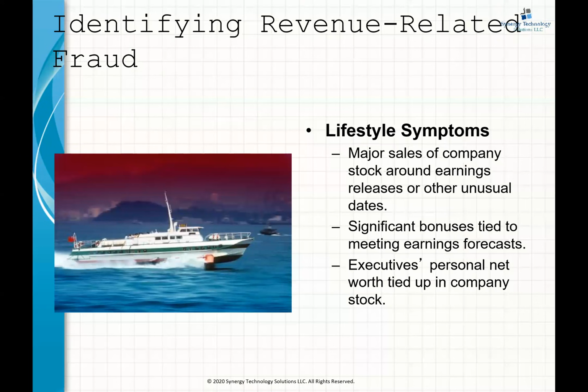Major sales of company stock around earnings release or other unusual dates. A significant bonus tied to meeting earnings forecast. The executive's personal net worth tied up in the company stock. So I was telling you, the salesperson may do some manipulation, but they are not going to benefit. It's the executive.